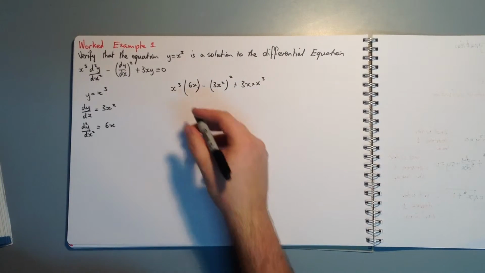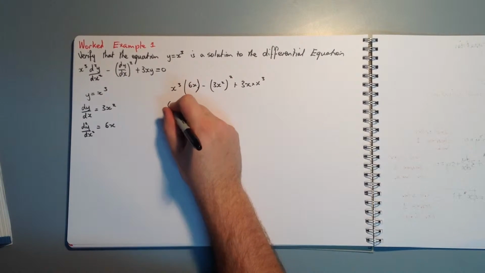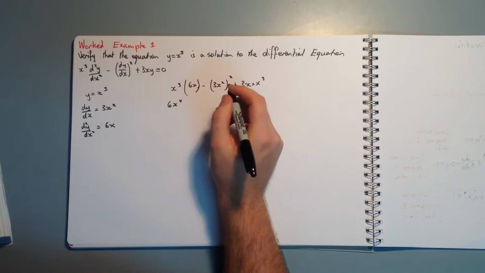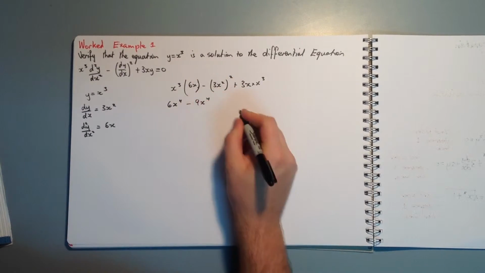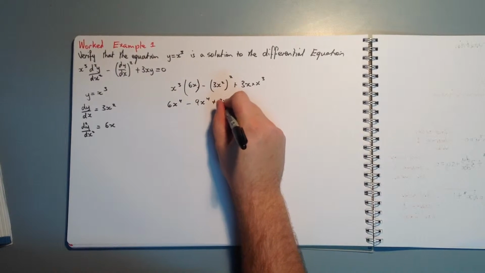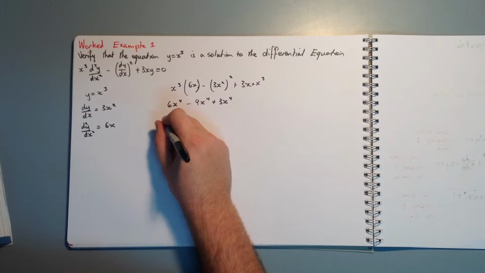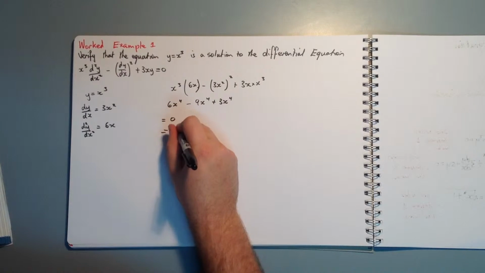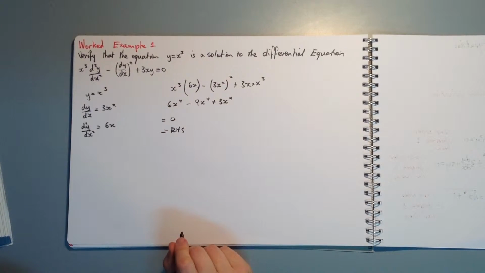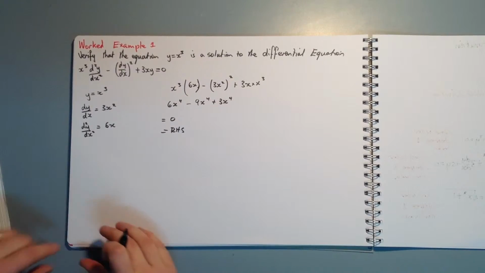So that means here that we're going to get 6x to the 4, minus 9x to the 4, plus 3x to the 4, which does in fact equal 0, which equals our right hand side, and we're finished. So that's all there is for that first worked example.